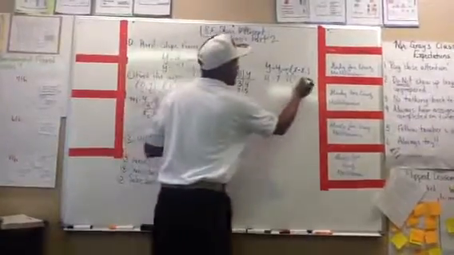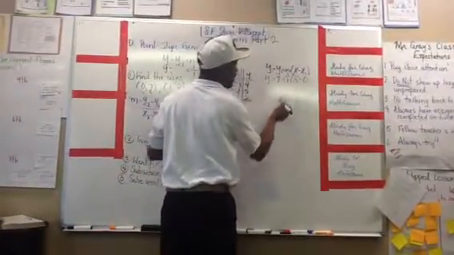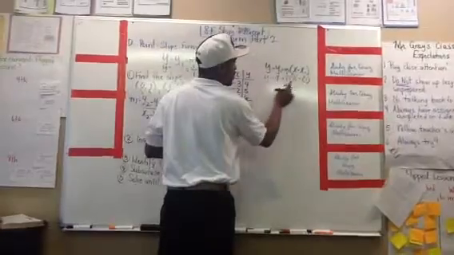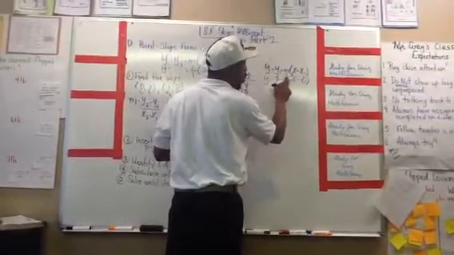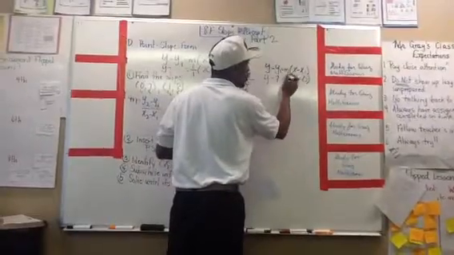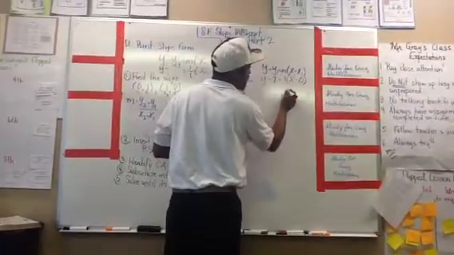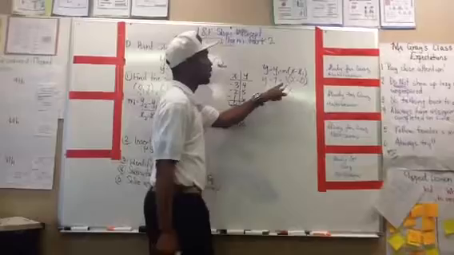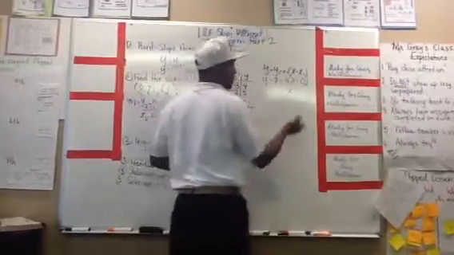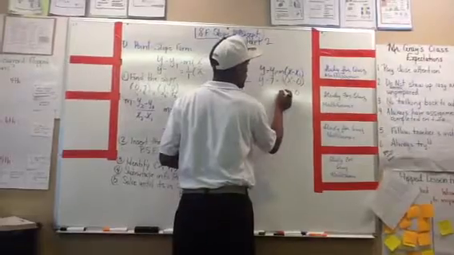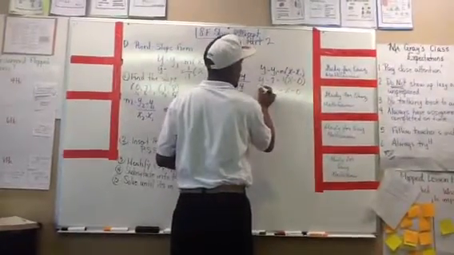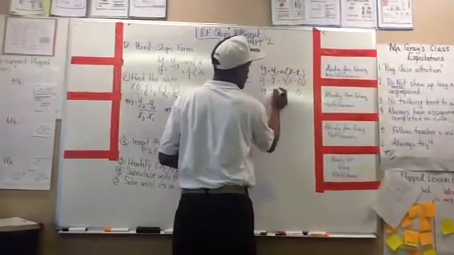X1 is 0. Bring our equal sign down. Use the distributive property. 1 over 1, or just 1, times X is just an X. 1 times 0 is just a 0. And then Y minus 7 comes down.